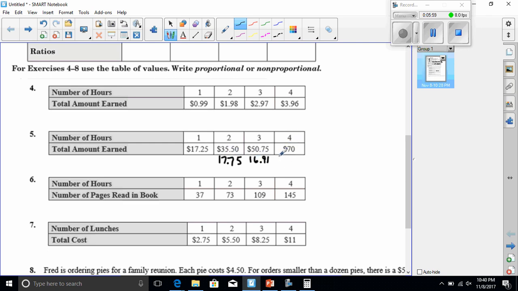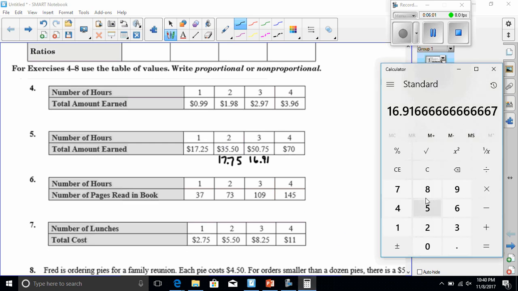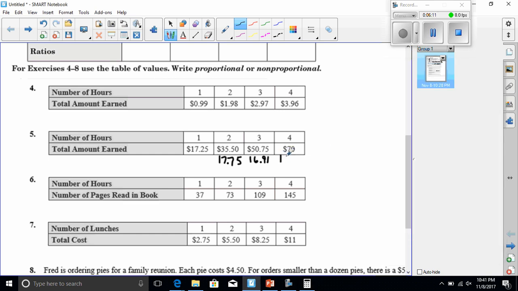Last one is 70 divided by 4, and that is going to give us 17.5. So as you can see, we have 4 different answers for our ratio. So number 5 is going to be non-proportional.